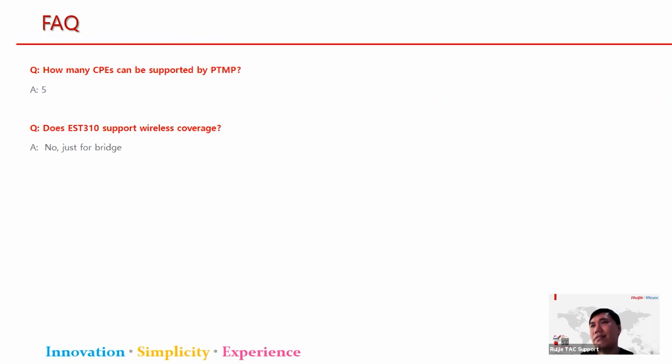How about if, as a customer, I say I want to support wireless clients, what model would you propose? Does Ruijie have a suitable model for this scenario? Some of you mentioned you would propose the EAP602.